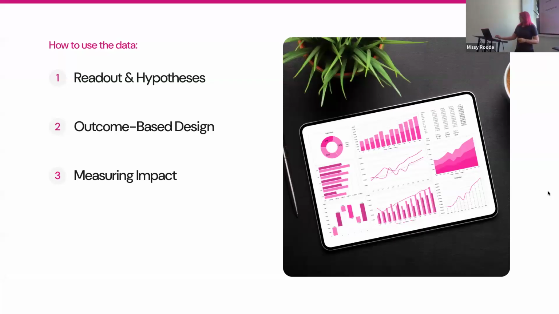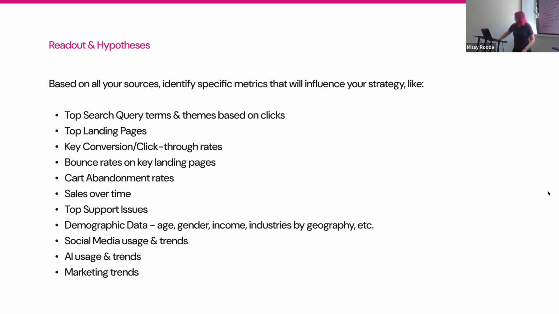All right, so we're going to go into how we use it in readout hypotheses, outcome-based design, and measuring impact. When you're preparing your readout and creating some hypotheses for your stakeholders, you want to look at all of your sources and understand which of the metrics you have are actually going to affect your decision.